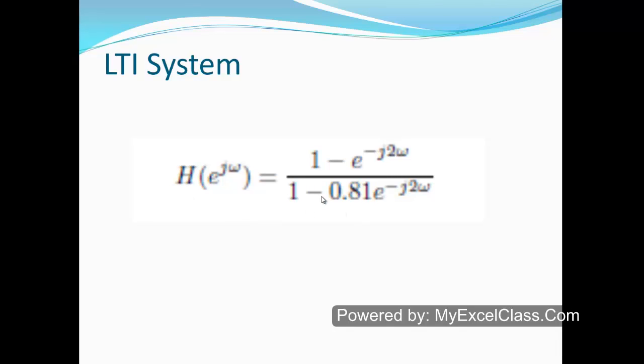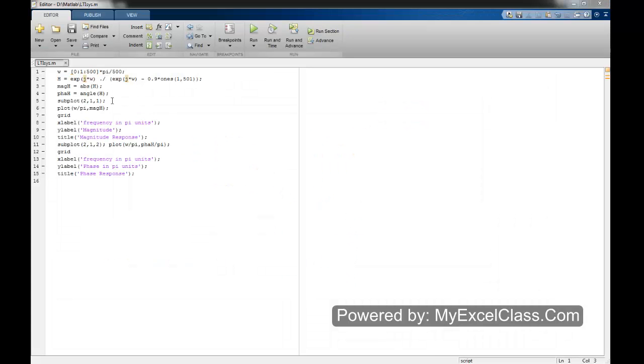So this was our equation: 1 minus e to the power minus j 2 omega divided by 1 minus 0.8. So this is our equation. We're going to save it, run it, and our plot is over here.